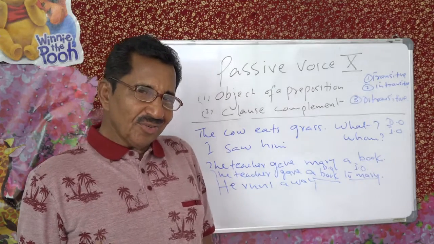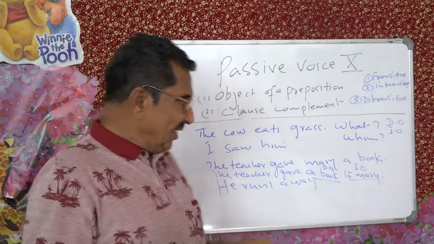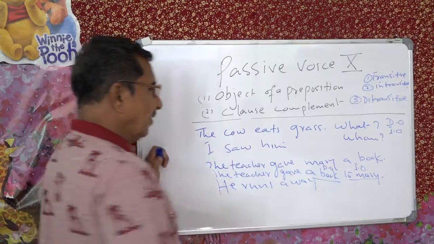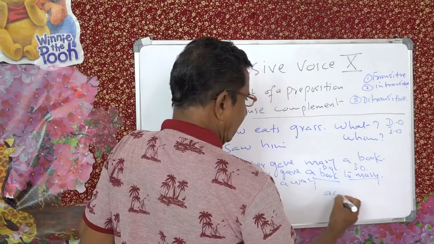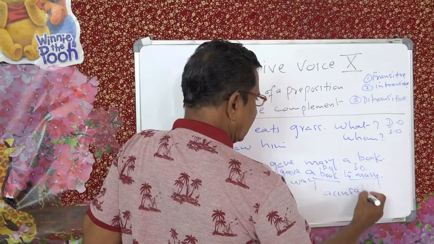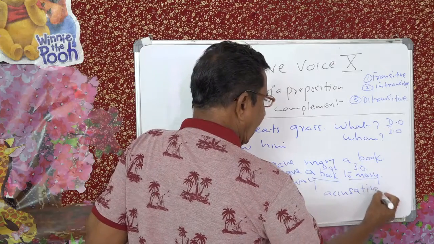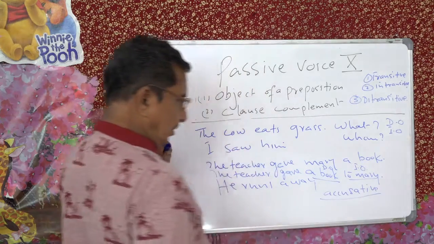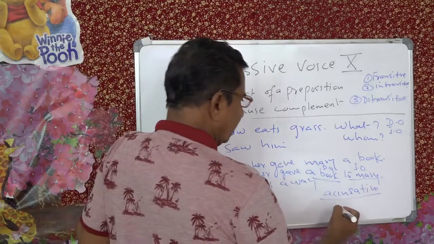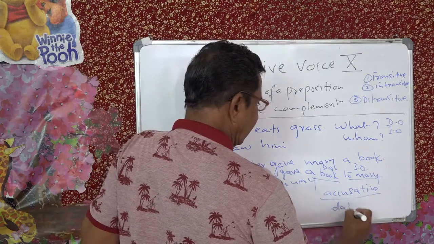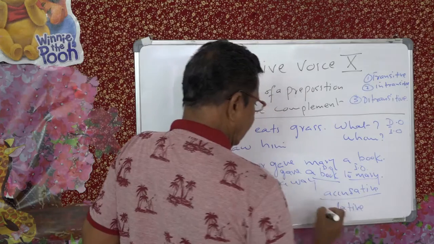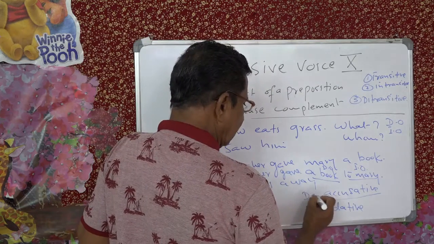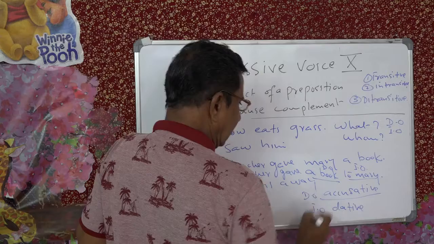I think you won't resist learning it now. This direct object is called accusative. And indirect object is called dative. So direct object is accusative, indirect object is dative.